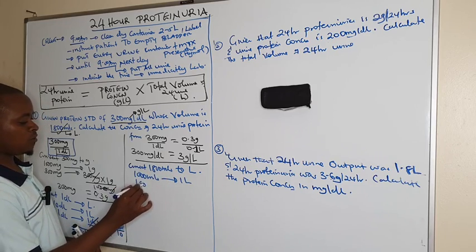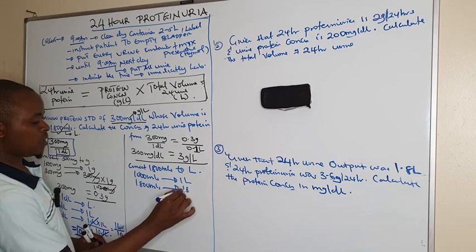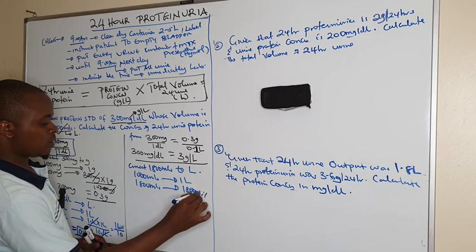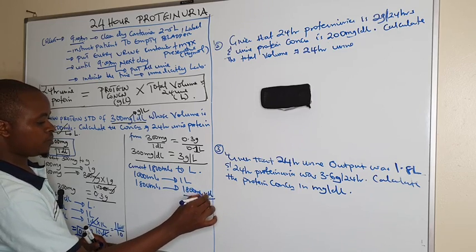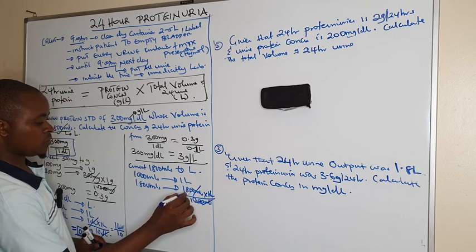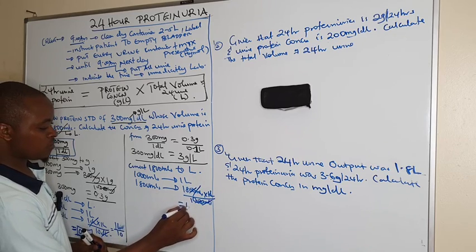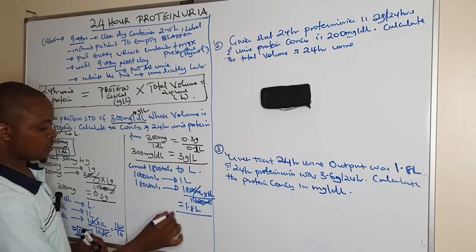What about 1,800 mils? You cross multiply, times 1 liter, and you divide by 1,000 mils. Mils goes with mils, 2 zeros goes with this. We remain with 18 over 10, which is 1.8 liters.